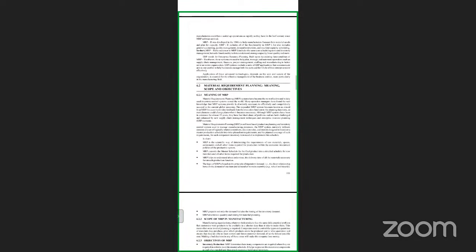So here, material requirement planning systems have become the most effective and widely used inventory control systems across the world. The expanded MRP system becomes known as closed loop MRP, because it provides feedback from the execution function to the planning function.